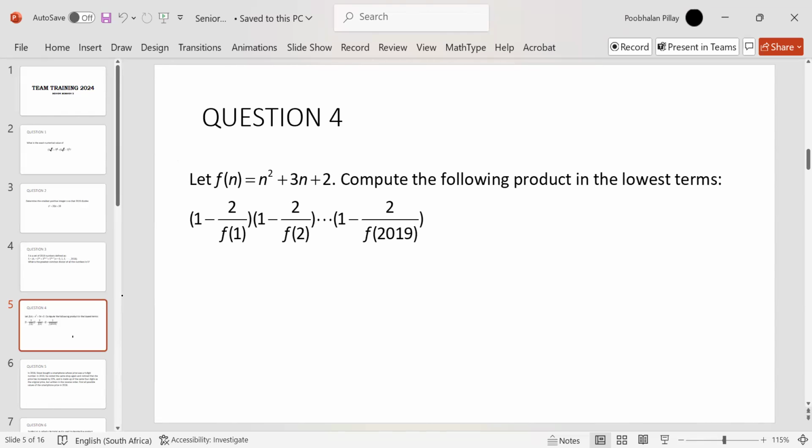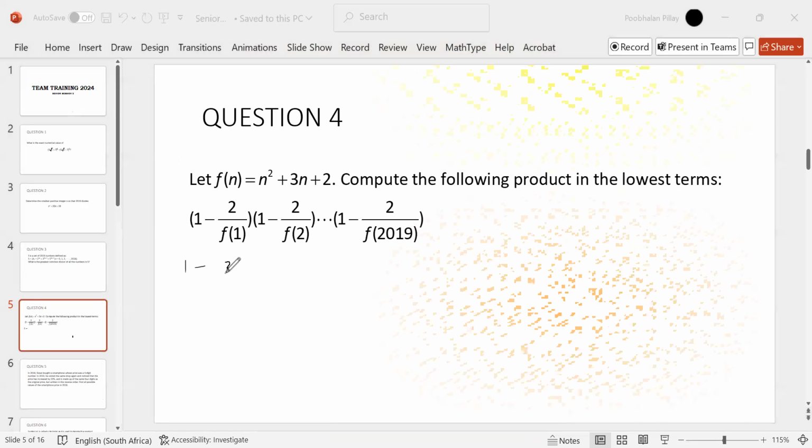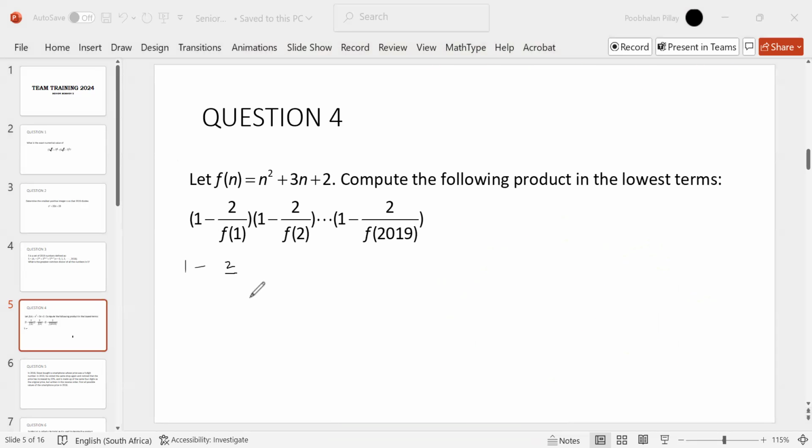The general term looks like 1 minus 2 over, every one of them is 1 minus 2 over, and then at the bottom you've got f of, let's call it f of n. Then I can substitute n equals 1, 2, and 3 in any one of them. Let's get a formula for this.